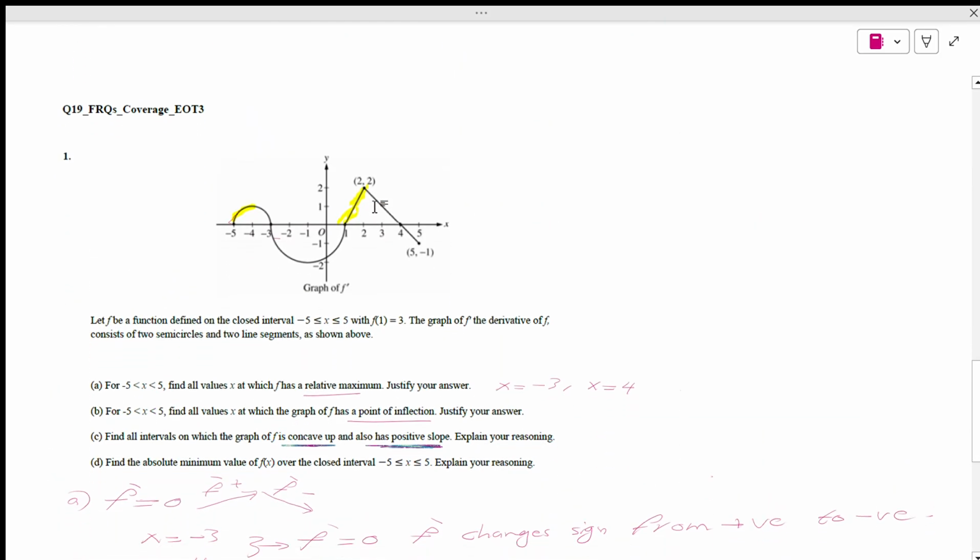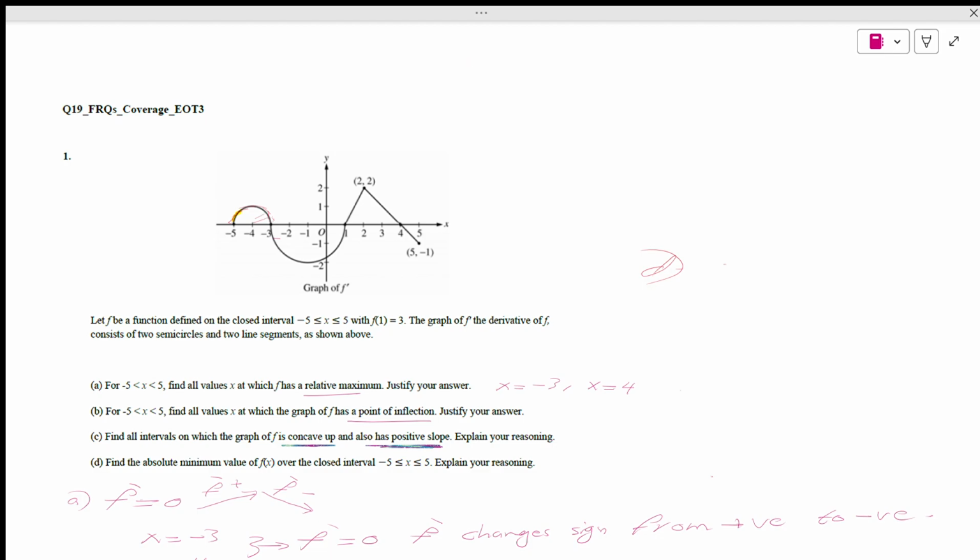Now going back to part D, if you look at the solution guide, it involves integrals, and integration is in unit 6. But if we use an informal method to find the absolute minimum, let's start investigating the behavior of the function. Notice that here the derivative is positive, that means the function is increasing.